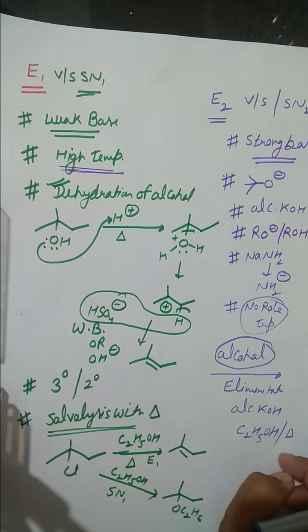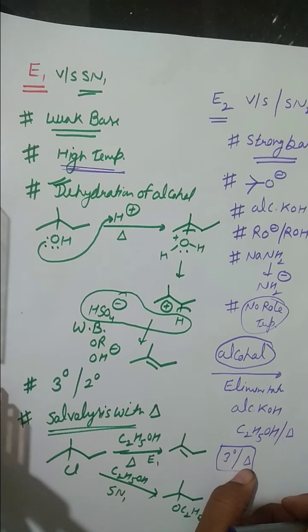Means if our substrate is 3 degree and there is high temperature, those are two governing factors which drive our reaction through elimination. If there is a 3 degree substrate as well as heating, then our product would not be according to nucleophilic substitution. Our product would be according to elimination reaction.